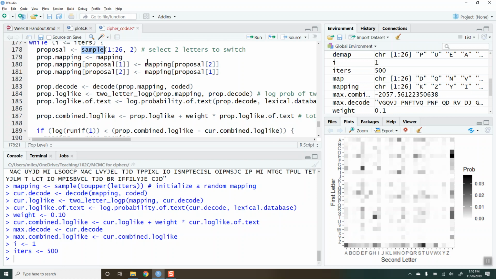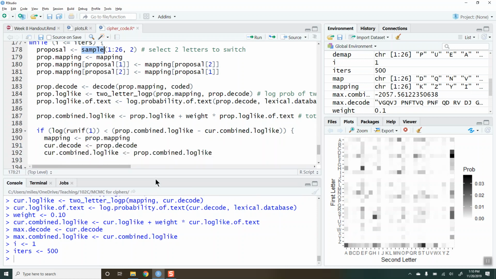But that's desirable, because if every swap has to result in an improvement, then you might get stuck at a local maximum, right? So we're going to say, yeah, we can take swaps that are not as good, but that's going to happen less of the time. And if we get a swap that's better than what we have, then we're going to take it for sure.